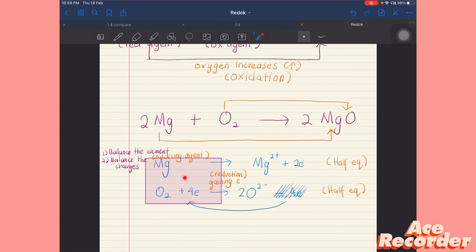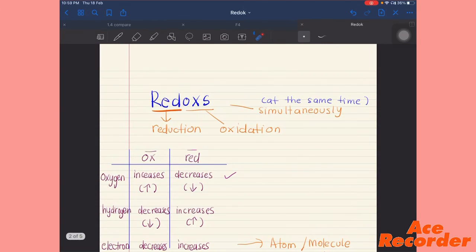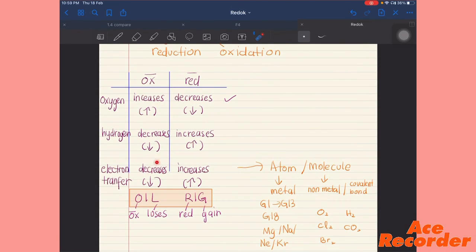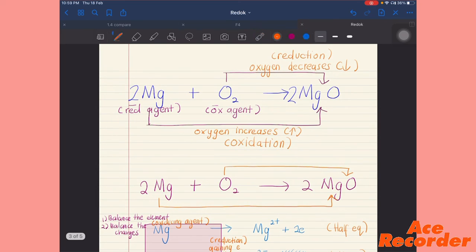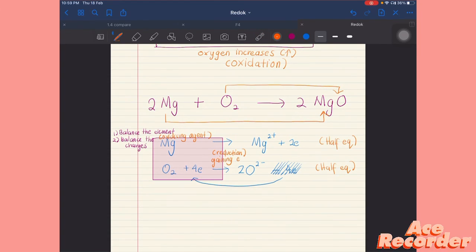No electron means loses. So double check, decreases, loses. So loses means what? Oxidation. So I just write the conclusion here. So this one loses electron. Losing electron, we call it oxidation. So the other element, we call it a reducing agent.